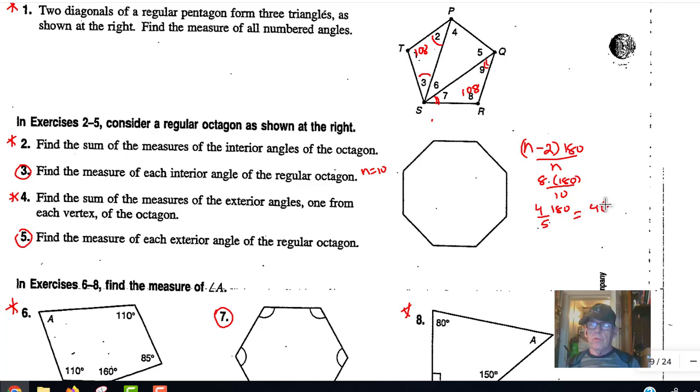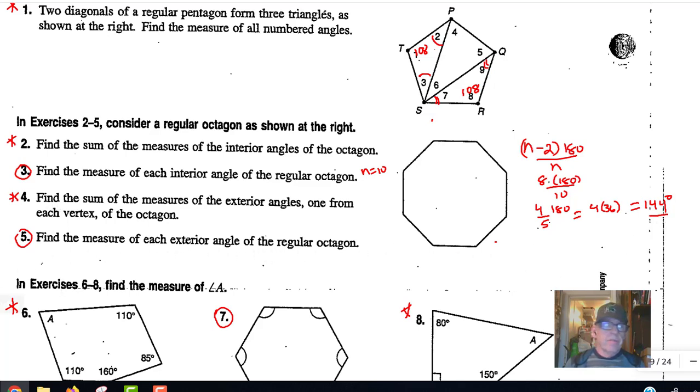So 4 times 36, which is 144. So I kind of shortcutted some numbers there a little bit, but 144 is the measure of each inside angle in that regular octagon, 144 degrees.